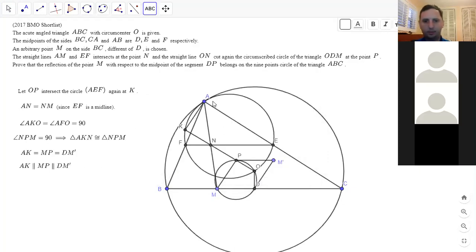So basically combining the above, AKFE is congruent to DM prime EF.